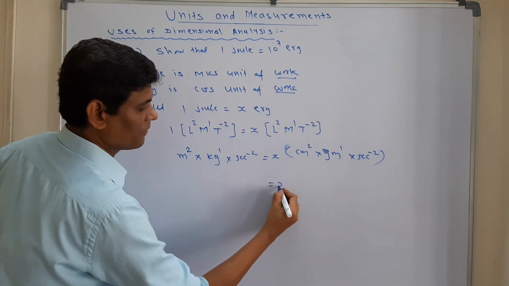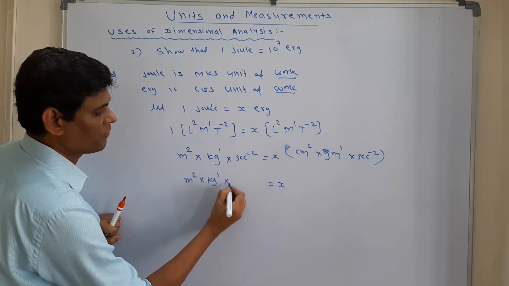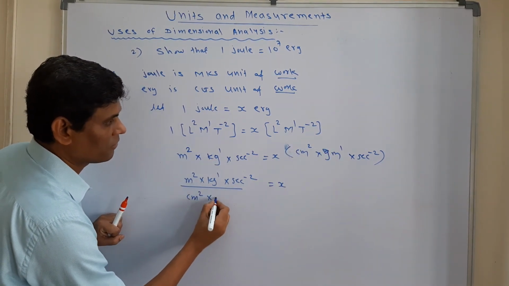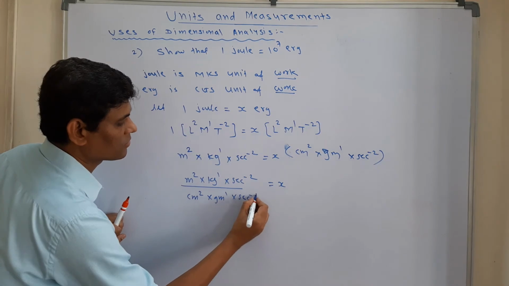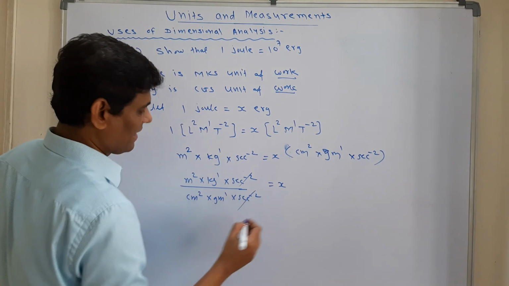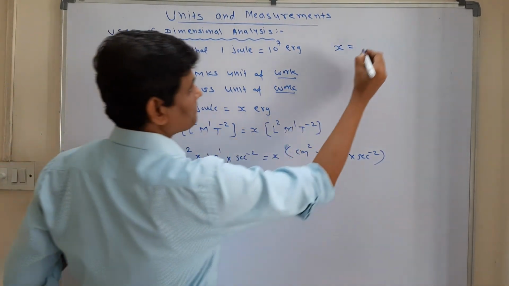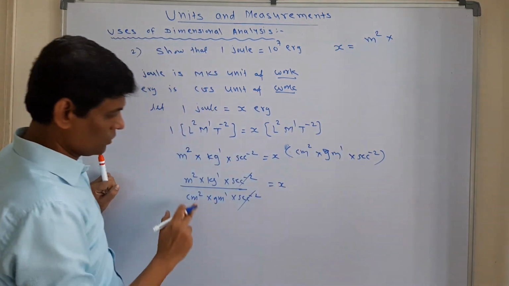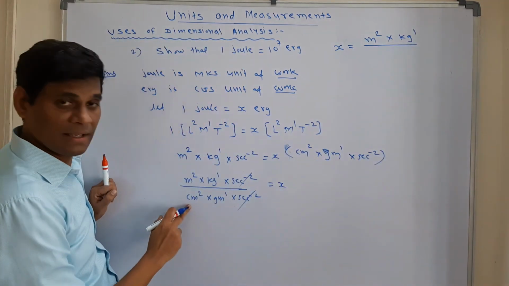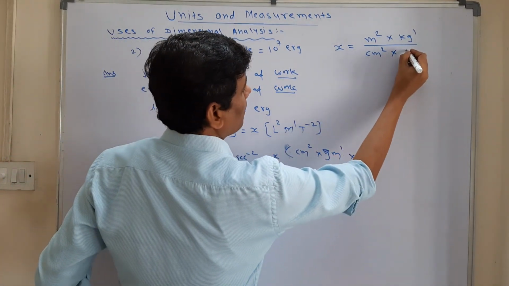So x equal to, we'll take on this side, so we can write m raised to 2, kg raised to 1, second raised to minus 2 upon centimeter raised to 2, gram raised to 1, second raised to minus 2. Okay, this second gets cancelled, so we can say x is equals to meter raised to 2 into kg raised to 1 upon centimeter raised to 2 into gram raised to 1.